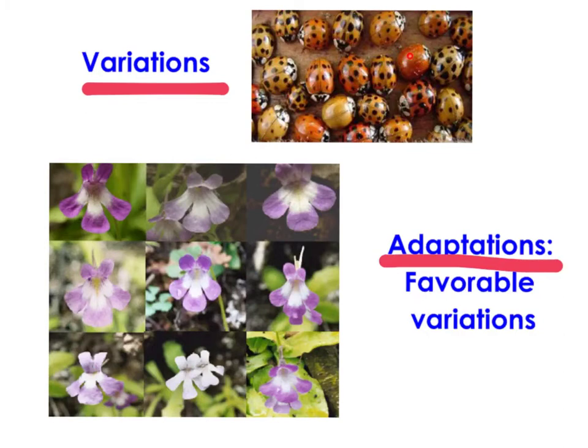Those individuals tend to survive and reproduce. That's a really key point. Reproduction is another important part of natural selection. Those organisms would survive, reproduce, make more, and eventually, over a long period of time, that population would tend to shift and change.